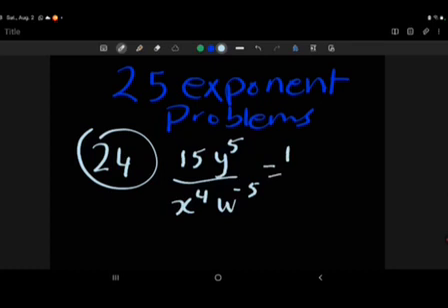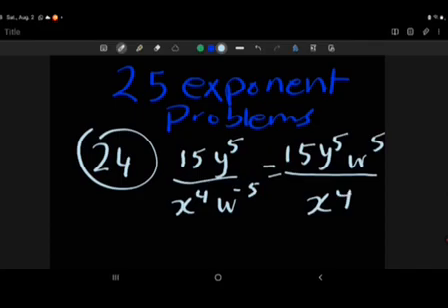The 15 y to the 5th power is fine. All powers are positive there, but the w to the -5 power, we're going to flip it as we did 2 to the -3 in the other problem. So it's going to be this, and then x to the 4th power, we cannot really make that better, so we keep that as is.